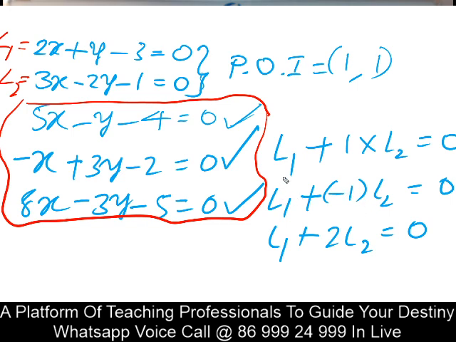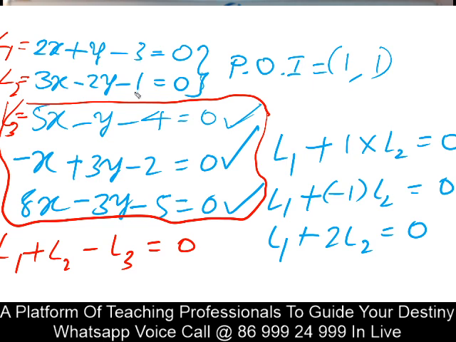Similarly, let me say this is L3. Then what happens? L1 plus L2 minus L3 equal to 0. Check it out. L1 plus L2 means 2x plus 3x, 5x, cancel. y minus 2y, minus y, plus y, cancel.